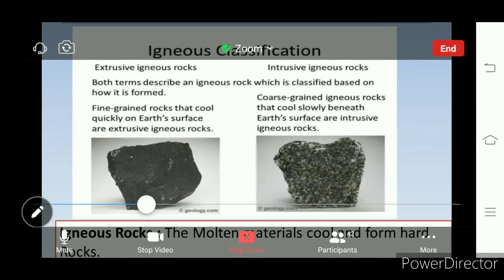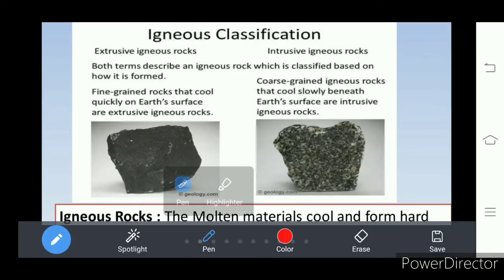It is an extrusive landform, a fine grained rock that cools quickly on earth's surface. These are called extrusive landforms. And another one is this, intrusive landforms.